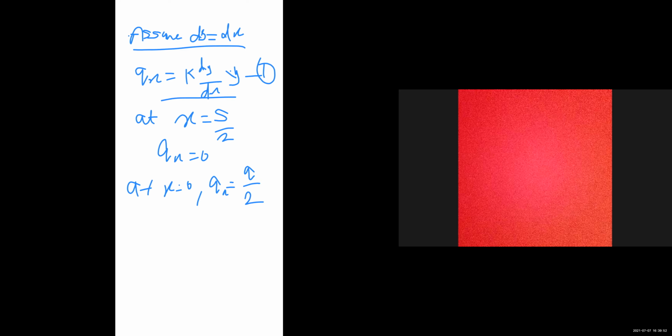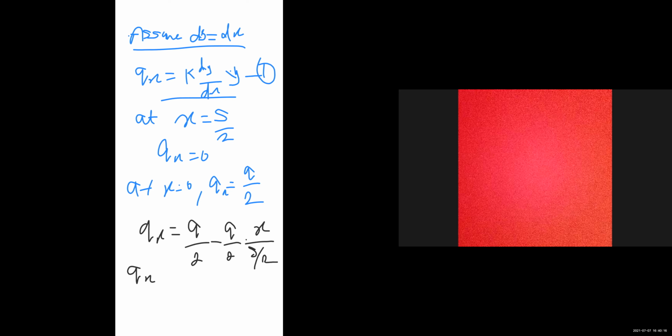Then assuming Q is inversely proportional to the distance from the center to center drain, in that condition, Qx equal to Q by 2 minus Q by 2 into x by S by 2.